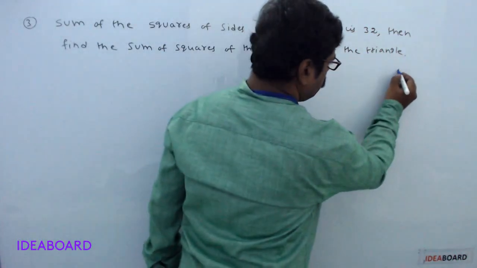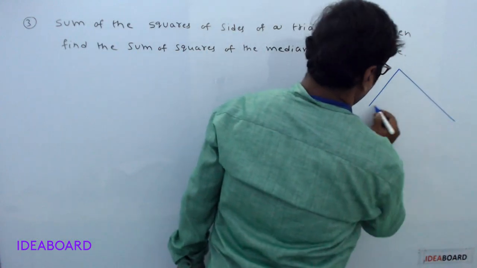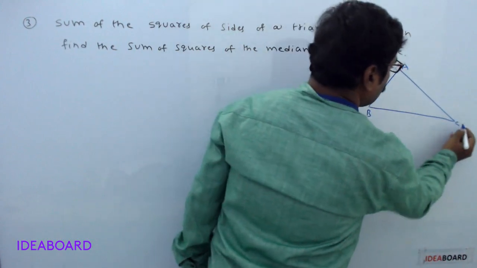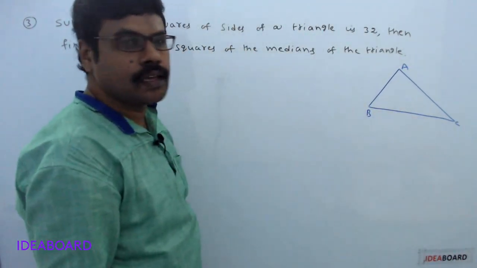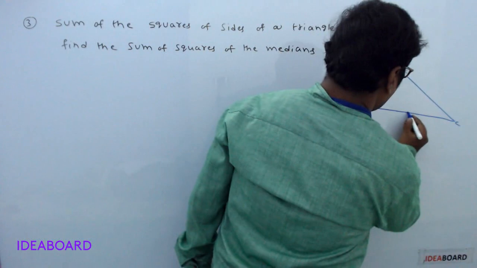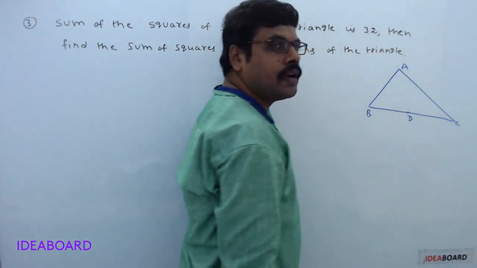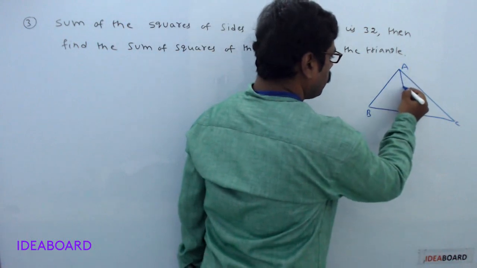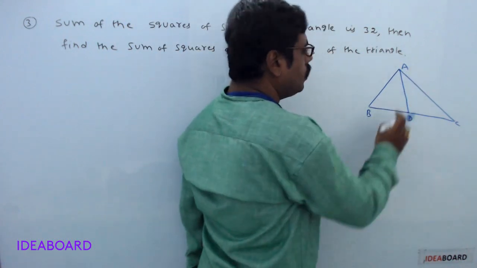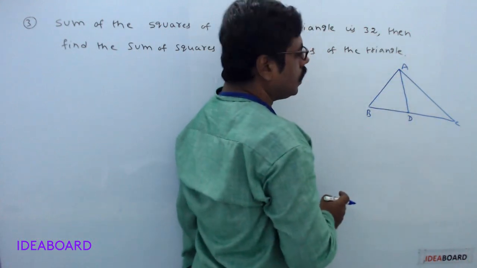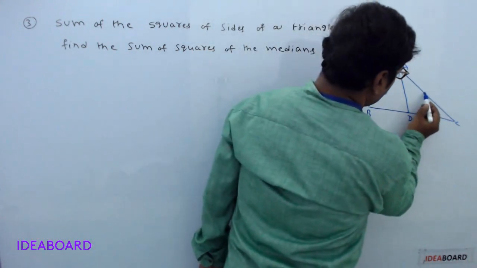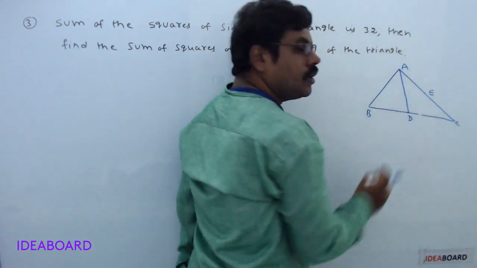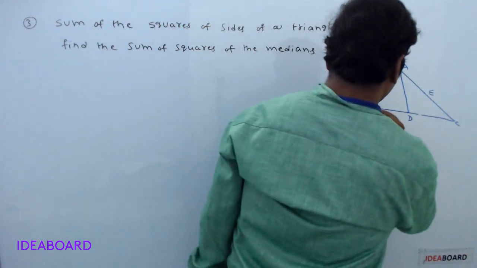Suppose A, B, C are the vertices of a triangle. Let D be the midpoint of the side BC. Then AD is the median passing through the vertex A. Suppose E is the midpoint of the side AC.